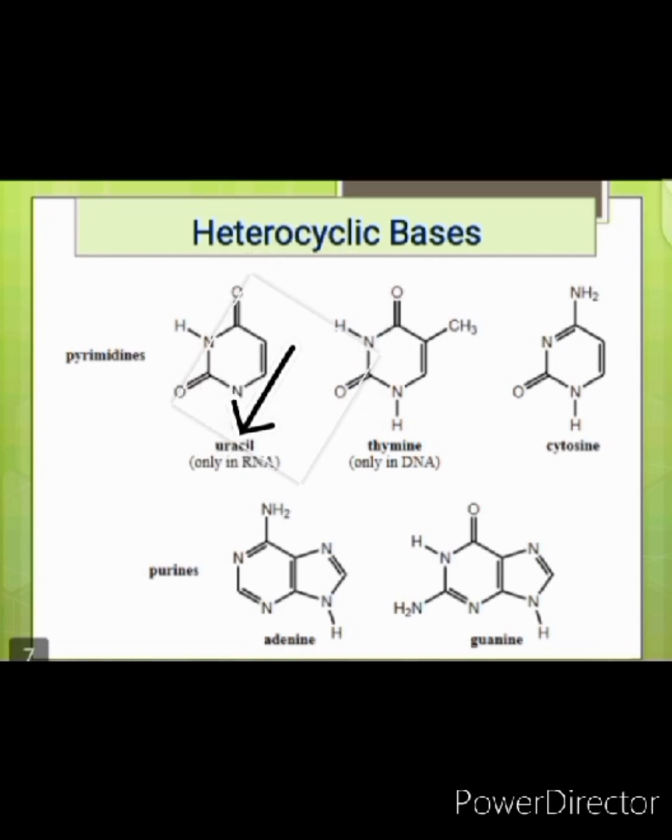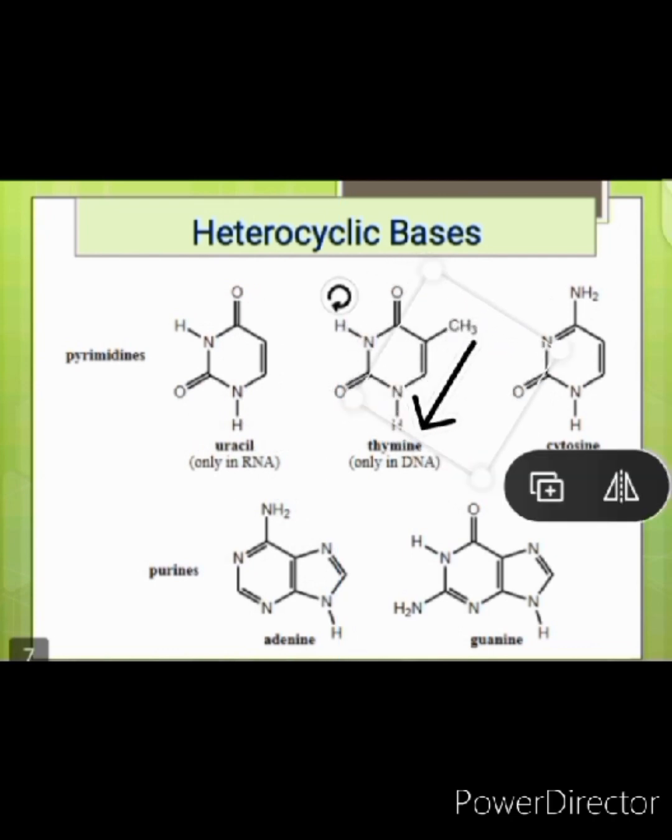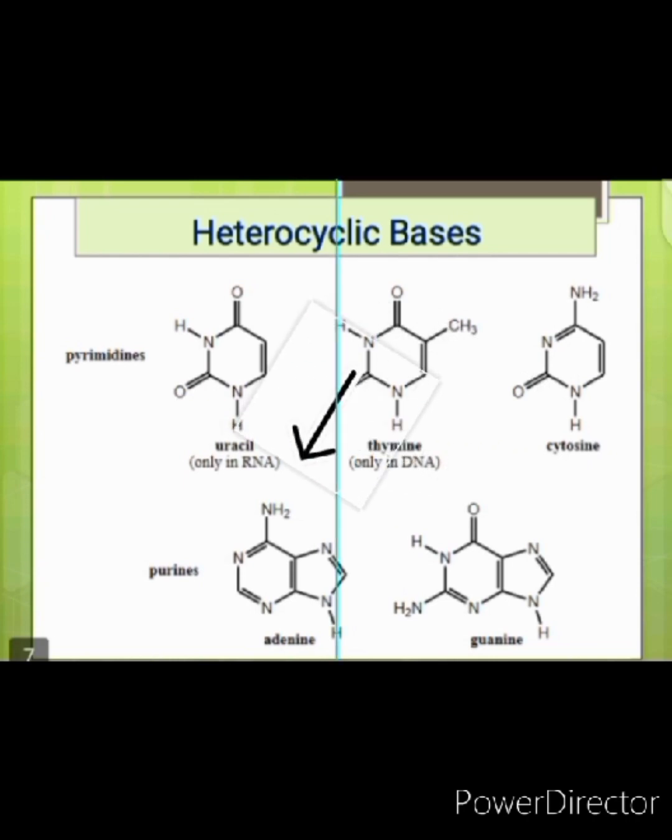Pyrimidine has a 6 single-membered ring. So 1, 2, 3, 4, 5, 6. And also the thymine and cytosine. Uracil is only in RNA and thymine only in DNA. These are examples of pyrimidines that have a 6 single-membered ring.